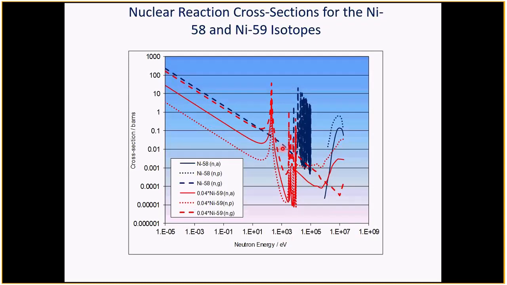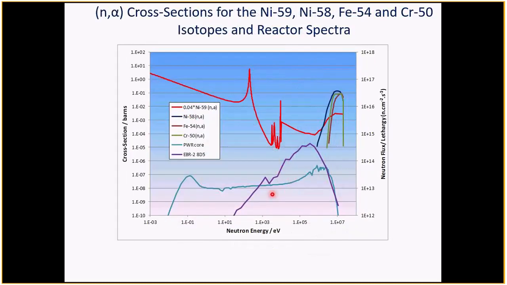So there we have a cross section of 0.01. And at that point, we have a flux here, sorry, of 10 to the 13. So even in a fast reactor, we may still get some nickel-59 produced.